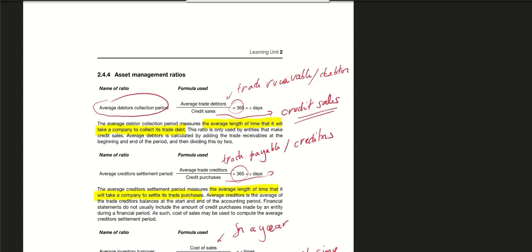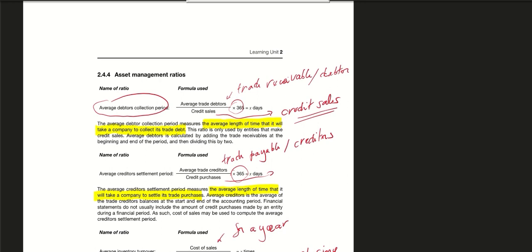So for the average debtor collection period, we will look at average trade receivables, our debtors that will pay us. We look at the average trade debtors divided by the credit sales, not credit purchases, because this is about the debtors, right? The people we are selling to.